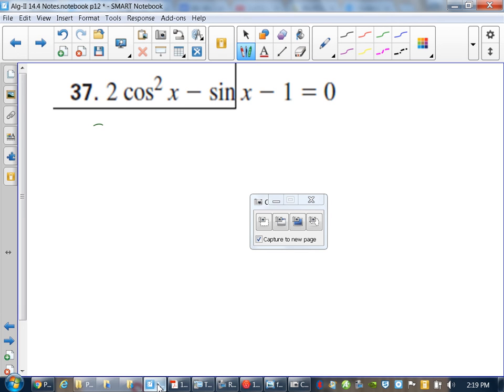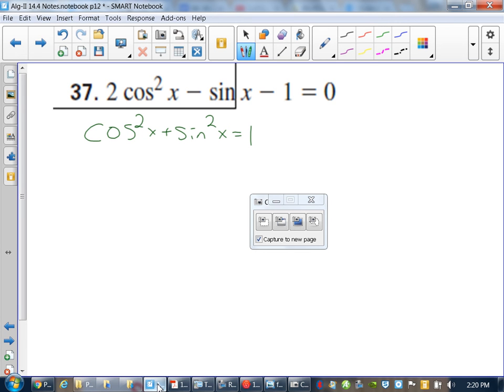What I mean by that is that you need to use the Pythagorean identity. If you know the Pythagorean theorem is x squared plus y squared is your radius squared, then you know that it's cosine squared plus sine squared, adjacent, opposite, and your radius is always 1.